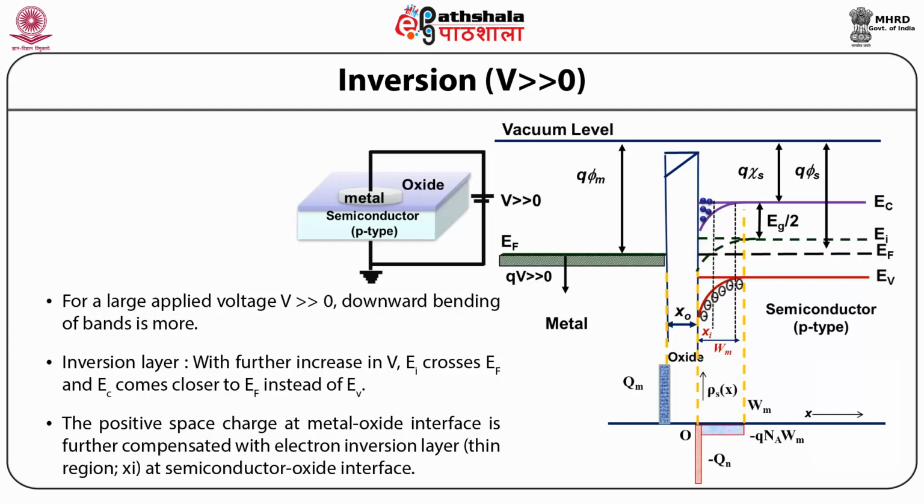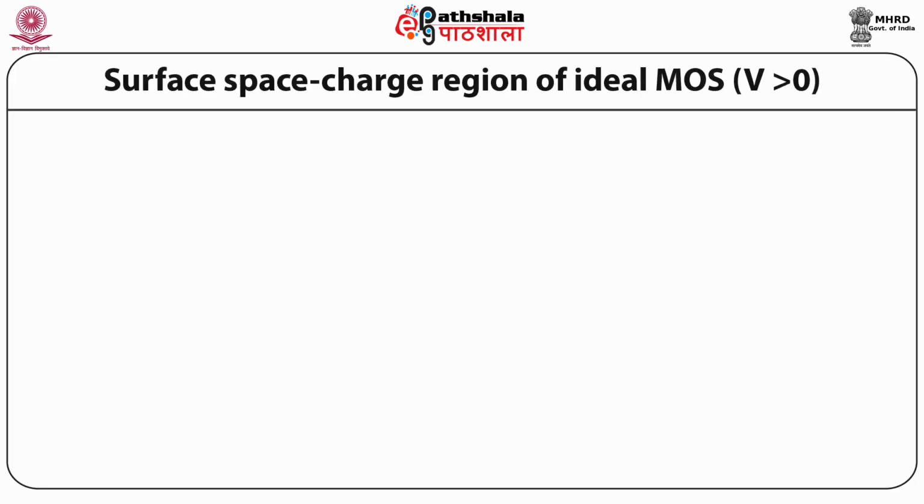Therefore, the surface of the p-type is inverted, and this is known as the inversion condition. Once inversion occurs at the surface, a further increase in V will induce practically all additional negative charges in the inversion layer.